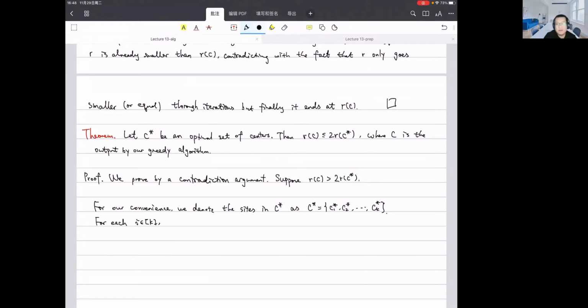Because we are talking about covering radius, and we know that there is an optimal solution, we have a further definition: for each i in K, we denote Bi as the ball of radius RC star centered at Ci star.